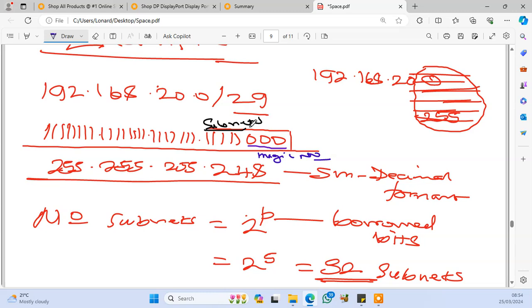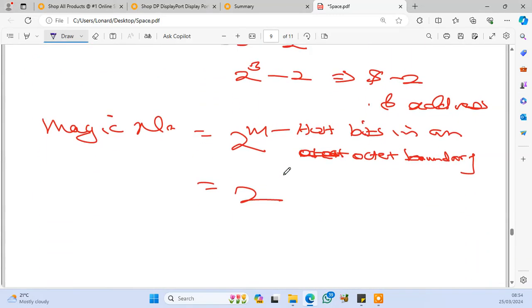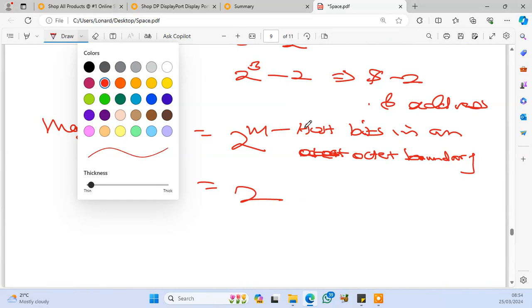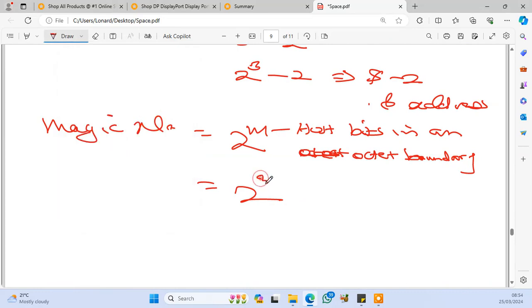The magic number is the host bits in an octet boundary. So here it's 2 power 3, and this gives us 8.